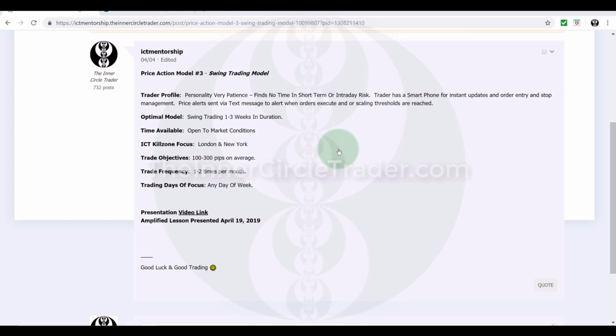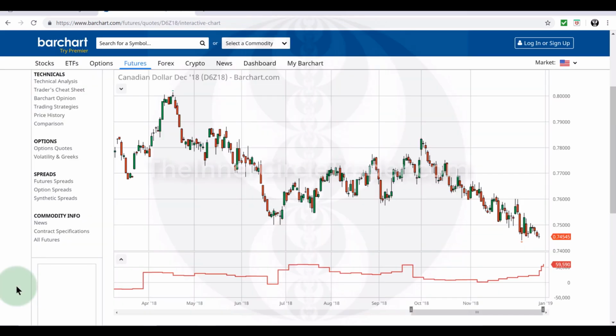So we're going to go over to the Canadian dollar. All right, so we're looking at the Canadian dollar. Now, this is the futures market. Okay, so when we look at the futures market, we have to remember, if we're trading Forex, and I'm going to present this on both sides of the coin here.